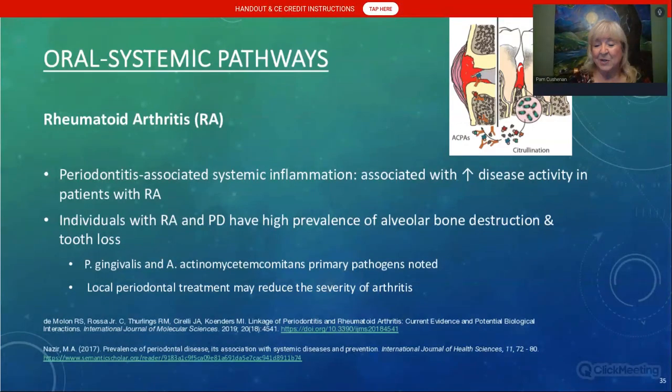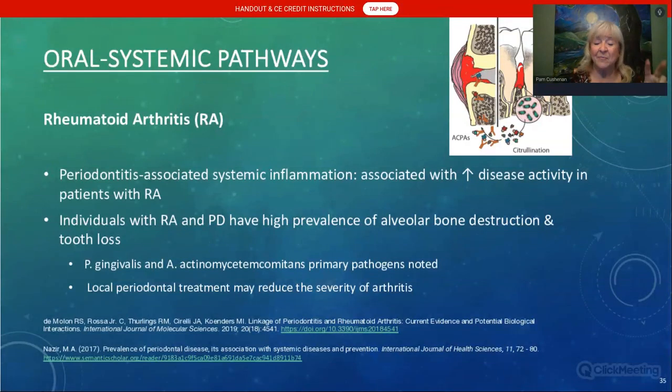Rheumatoid arthritis. We're going to go ahead and move here. This is, again, something very closely associated with perio disease. When a patient has perio disease, it increases the rheumatoid arthritis symptoms in these patients as well. So it's going to really lead us back to, what are we doing about it? How can we help?